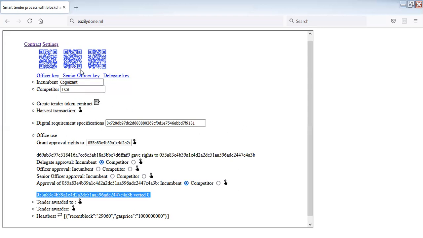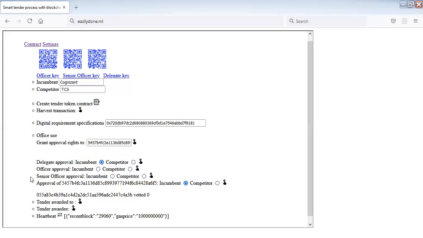We will grant rights to the senior officer so that they can provide their choice, which will determine the votes that have been counted with others.